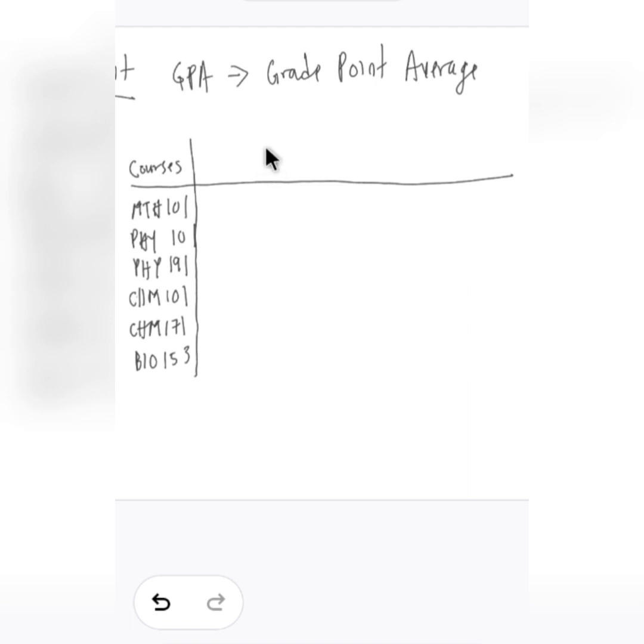And there's something called credit unit. Now, credit units is what helps you calculate your GPA. Credit unit shows you the importance of a course. You understand? Some courses are more important to you than other courses.